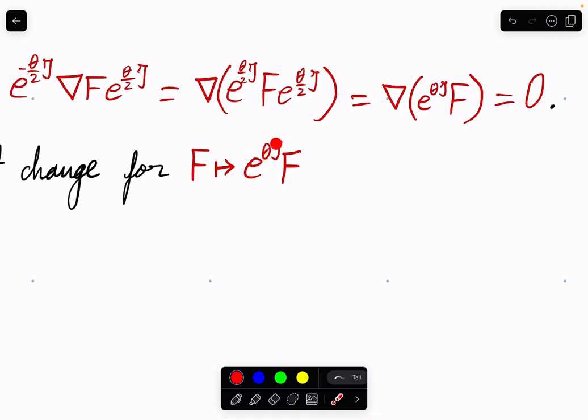What this means is that this is a constant phase being added to every point of the bivector field.